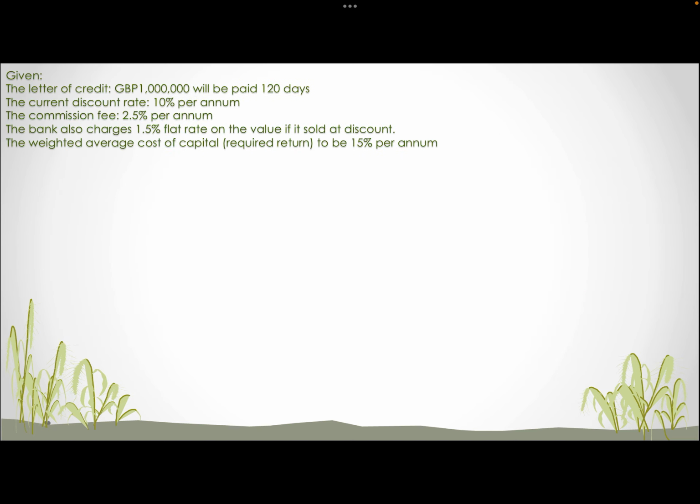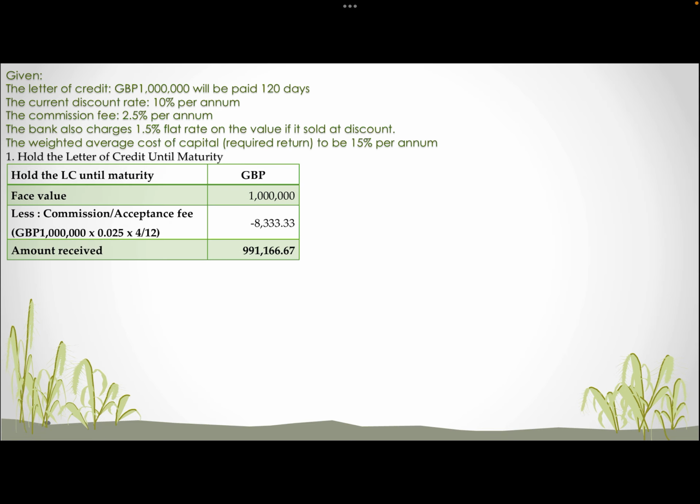Okay, this is the information given. We calculate if Nico Shoe holds the letter of credit until maturity. The face value is 1 million. If the company holds the credit until maturity, the company will pay the acceptance fee. The acceptance fee is the commission fee, 2.5% per annum.